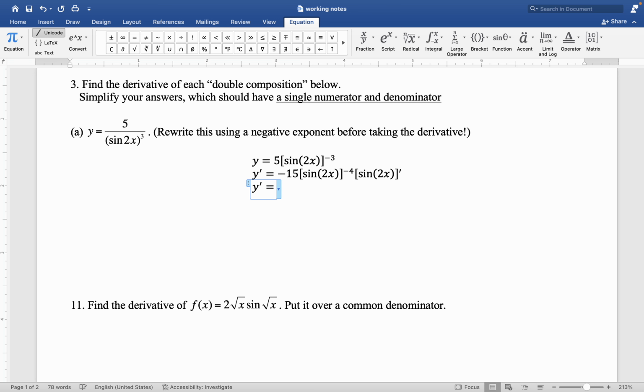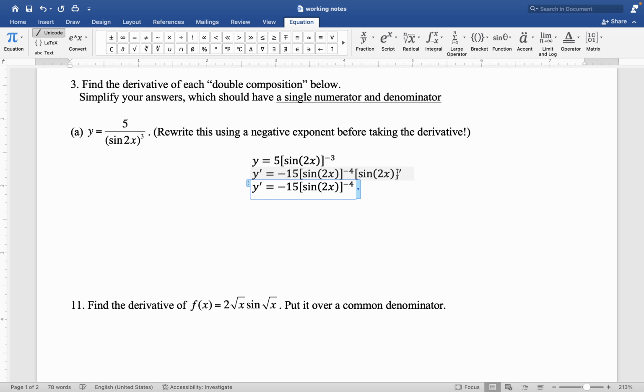So y prime would then be, again, in this line, I'm just recopying the first term. I'm not actually changing anything because all I have to do in this second line is compute this derivative here, the sine of 2x prime. All right, so what is the derivative of that function?